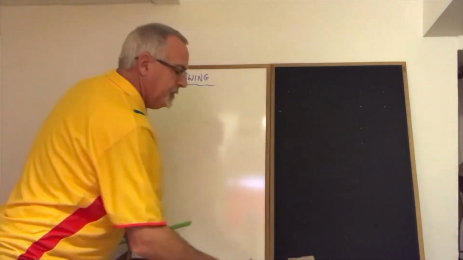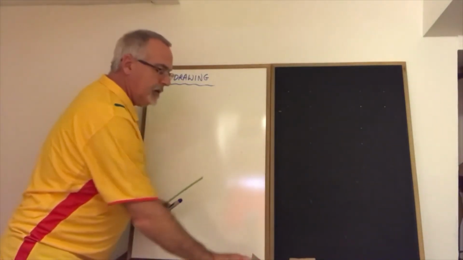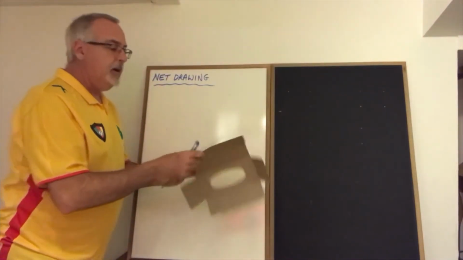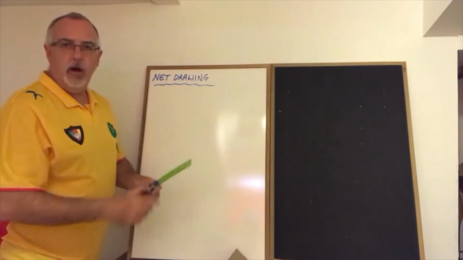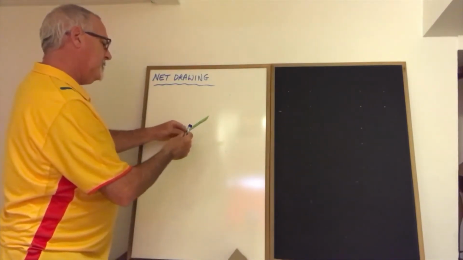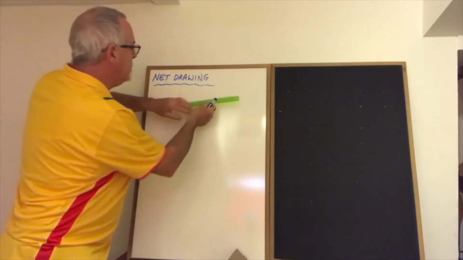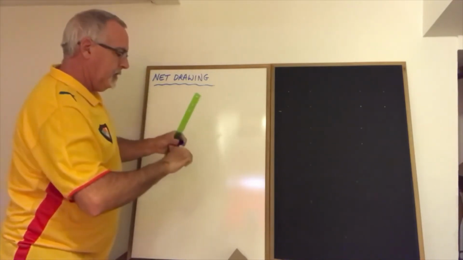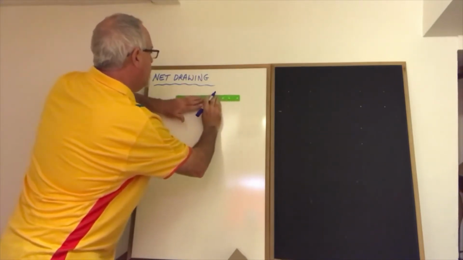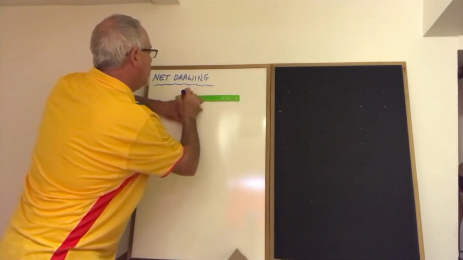If I measure, I can see that the longest side in this shape is 8 3/4 inches long. It's about 22 centimeters, and that's what I'm going to draw first. So I'm drawing an 8 3/4 inch line.